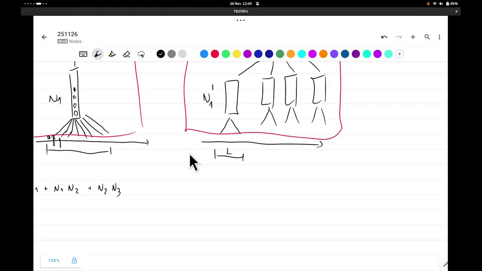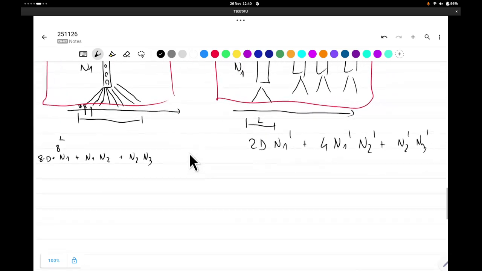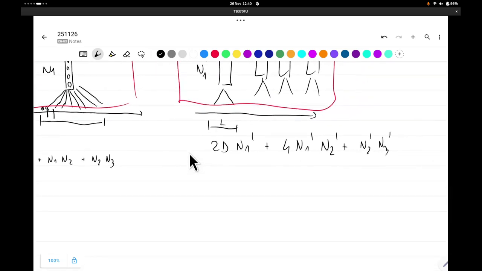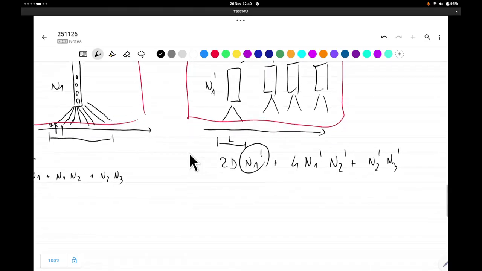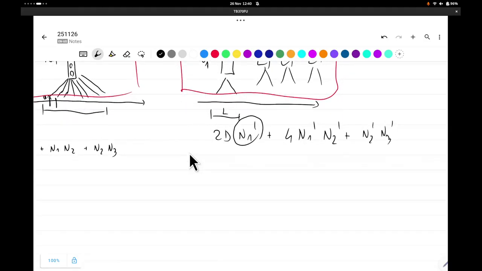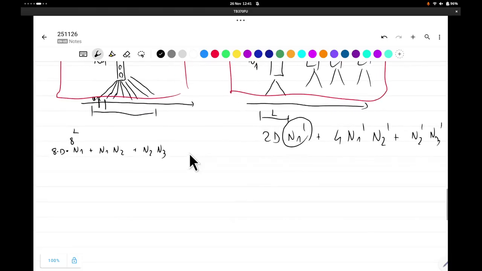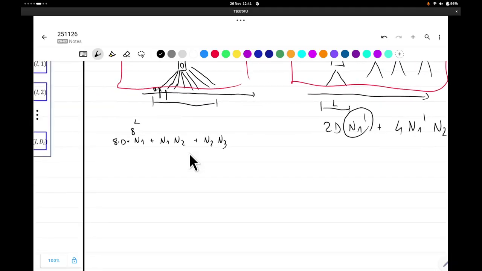This distributed architecture would now have 2 D N1 plus 4, plus the same for N2 and N3. Now the catch is that the number of neurons that I need in the first layer in this way is 1/4 of the one that I need in this one.